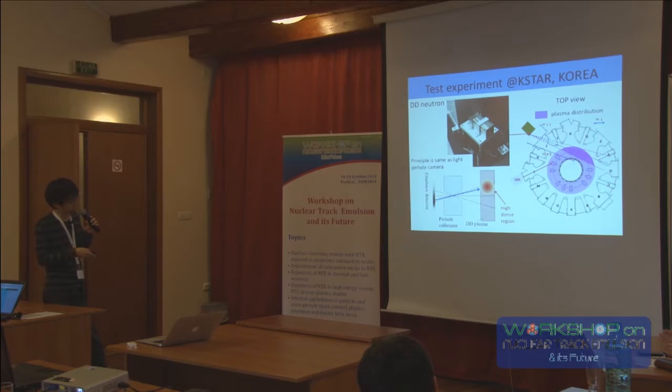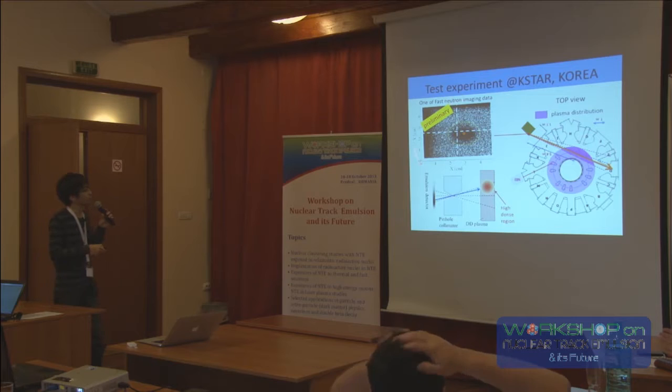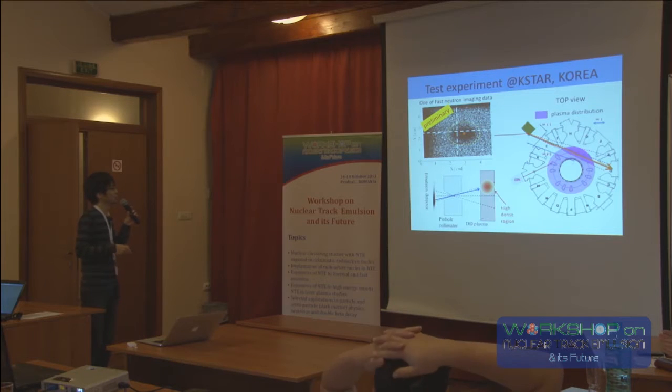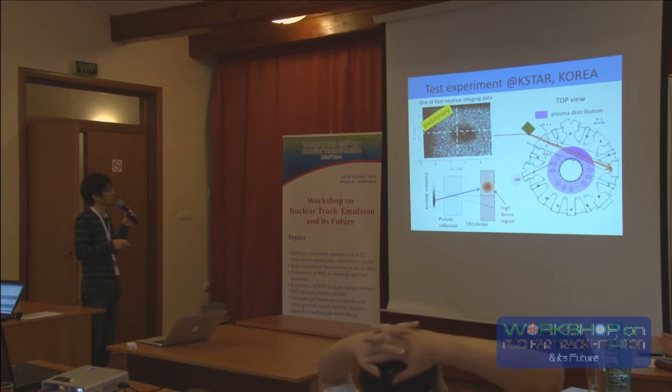So this neutron camera was placed here, and this is the preliminary result of this neutron camera. This shows the position distribution of detected neutron tracks, and this white cross point is the vertical direction of this detector.